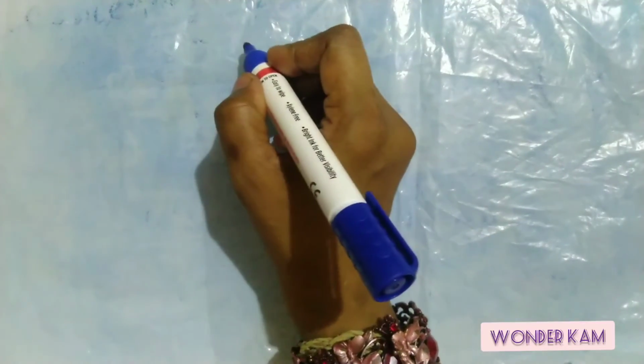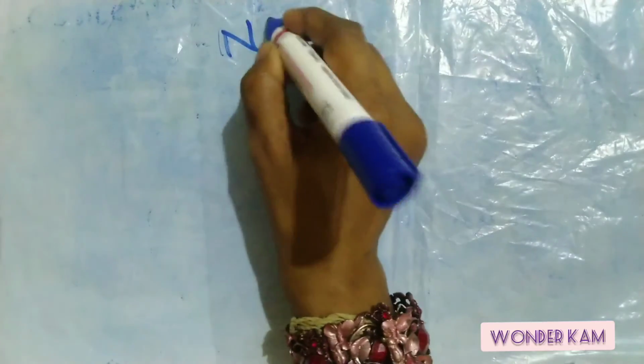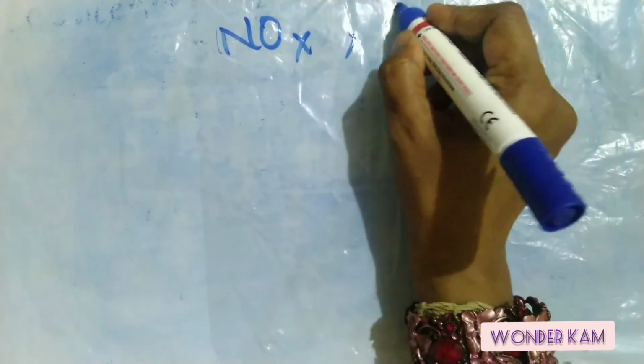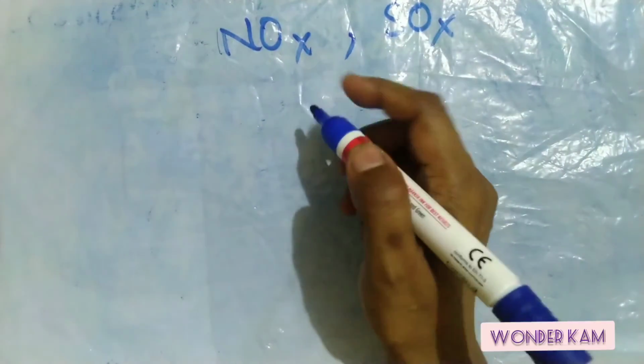Not only carbonic acid, but sulfuric acid, nitric acid, nitrous acid can also be formed when these oxides of nitrogen or oxides of sulfur react with the rainwater to form such acids.